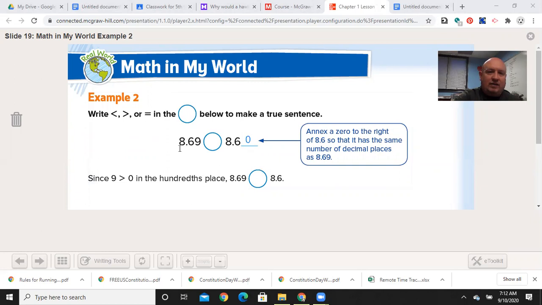We start in our spot on the left. There's an 8 and there's an 8. Those are the same or equal. So we now move to the tenths place. 6 and 6 are the same digit, so those are equal. And we move to the hundredths place. 9 is greater than 0. So I'm going to go ahead and put my text box right there.